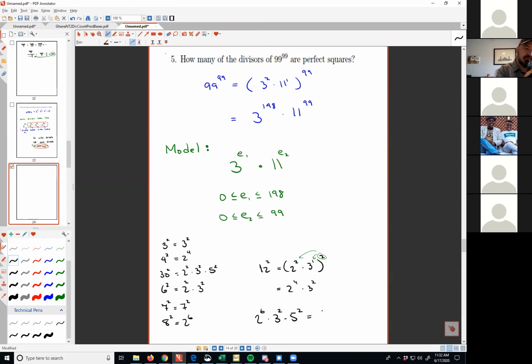It's not necessarily a perfect square, but it could be due to the fact that it has even powers. So can you give me an example of one that is not a perfect square? Has a prime factorization with only even exponents, but is not a square.